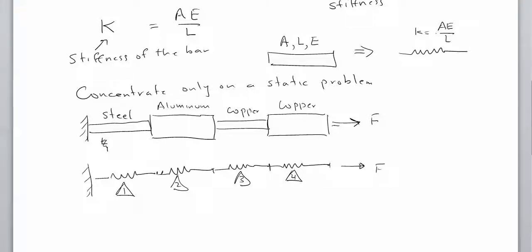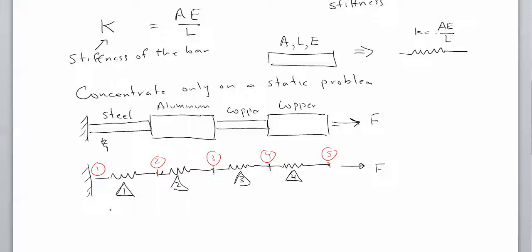So let's also put down some node numbers. This is node number 1. There is node number 2. There is node number 3. Node number 4. And node number 5. Okay? Each one of these spring elements has its own stiffness.